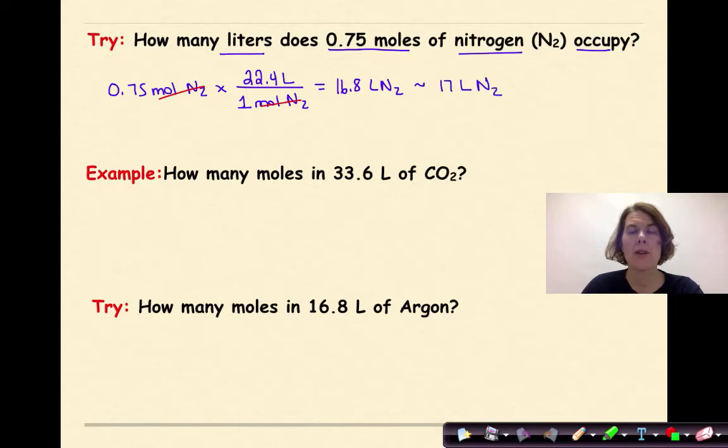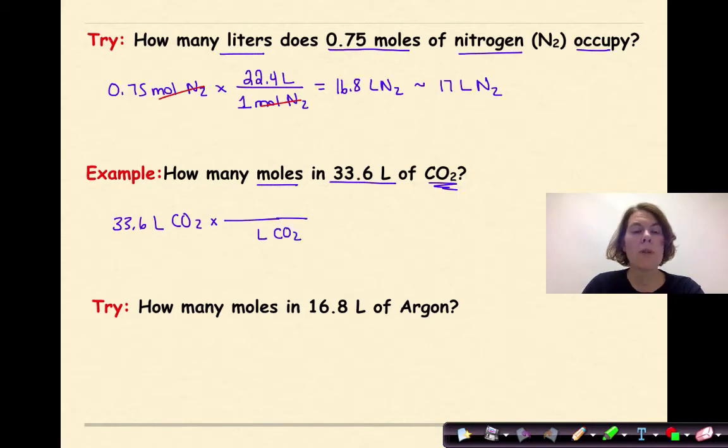Let's look at another example, but this time we're going to go from volume to moles. How many moles in 33.6 liters of CO2? So my given is 33.6 liters of CO2, multiplication sign and a line. If I start with liters, liters needs to go on the bottom of CO2.